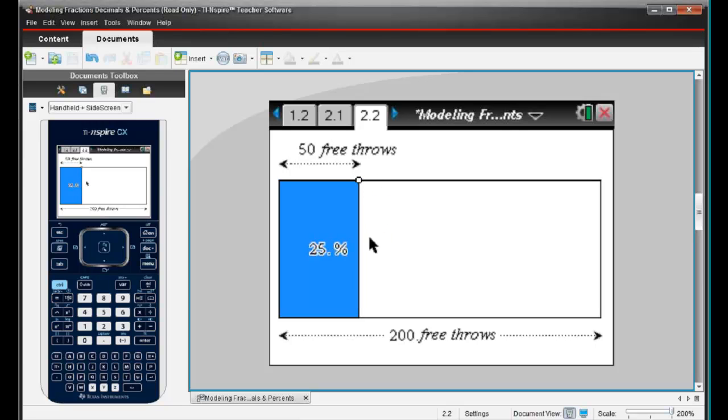And if we consider this area model of 25%, just as we doubled the number of boxes, 100 to 200, if we double that 25 to 50, 50 out of 200 still represents that 25%.